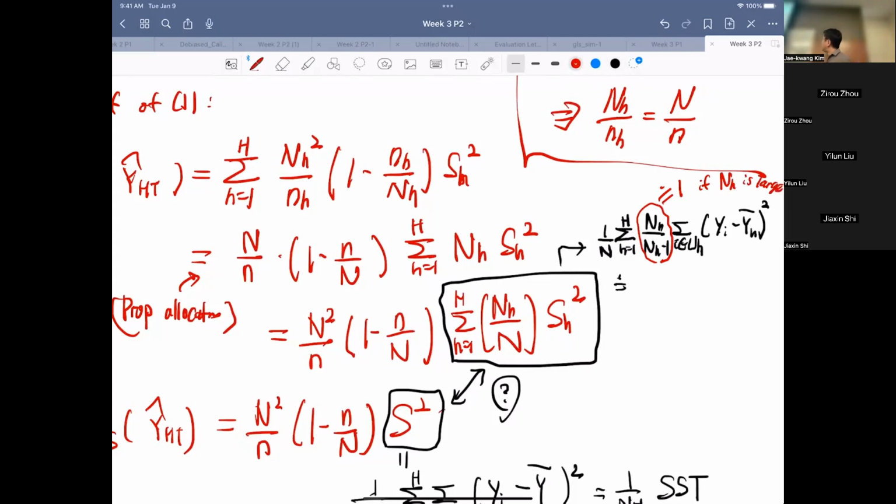So if n_h is large, then you can ignore it.